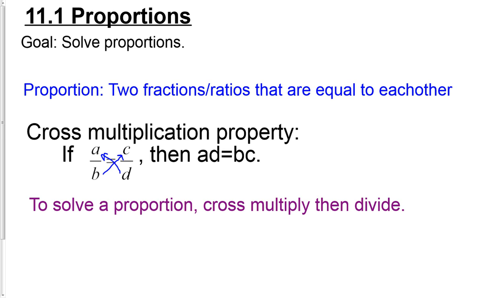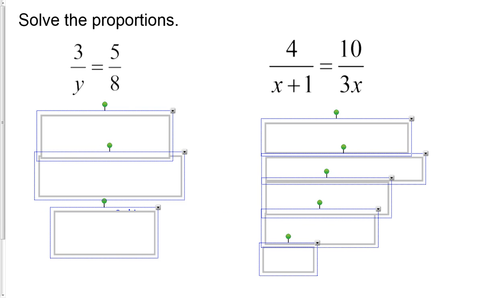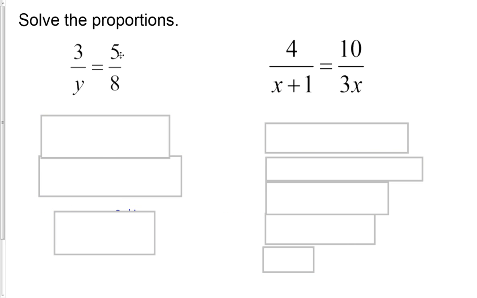So, for example, we've got 3 over y equals 5 over 8, right? So cross multiply: 8 times 3 equals y times 5. I'm going to emphasize this a lot on the first ones, but as we get further, I'll just say cross multiply.